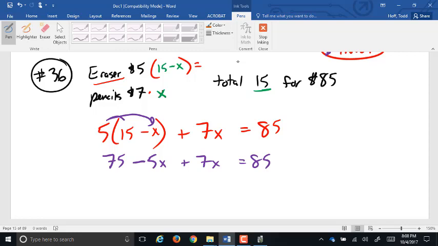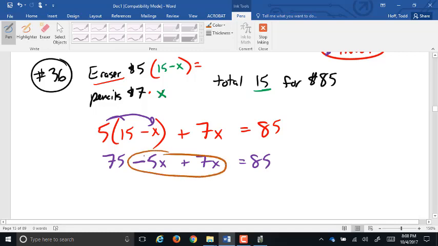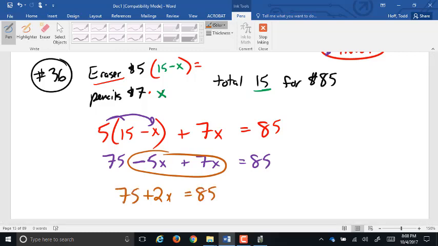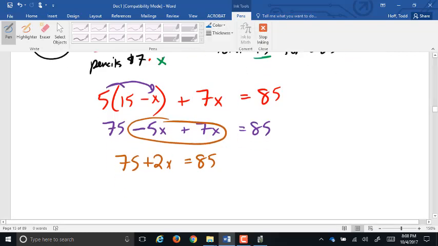So now we're going to combine negative 5X and 7X is a positive 2X. So that's 75 plus 2X equals 85. And then we solve that equation. So you subtract 75. So 2X equals 10. You divide by 2.